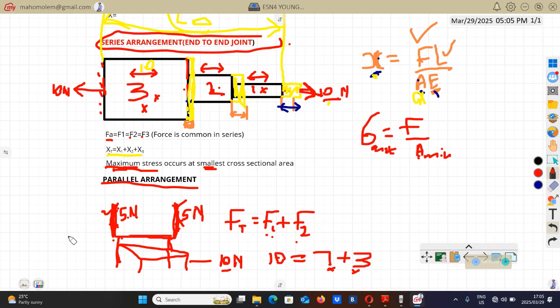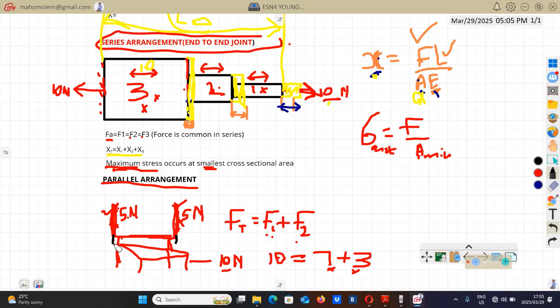And then again with parallel arrangement, we consider the extension. Obviously, if we put the load on this rod, we expect this rod to grow. The length of this rod will grow from this size to this size.